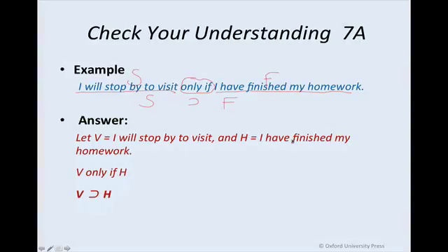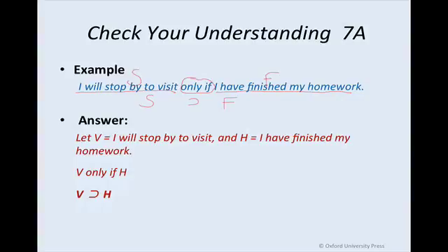So in this case, V is I will stop by to visit, which is fine. That's just a different choice of a capital letter to notate the simple sentence. And H is I have finished my homework. Again, different choice of notation, but that's not important when you're choosing which letter to use.